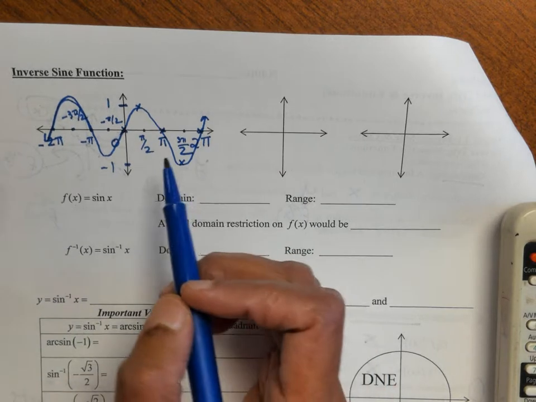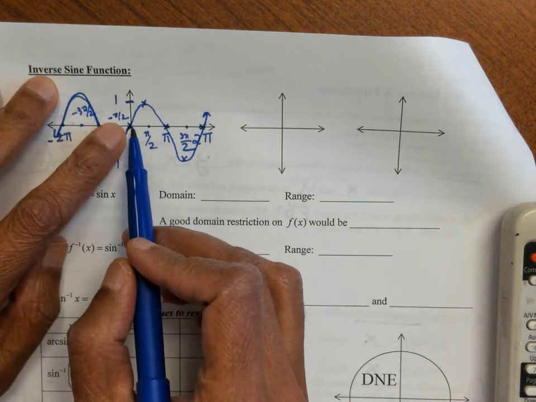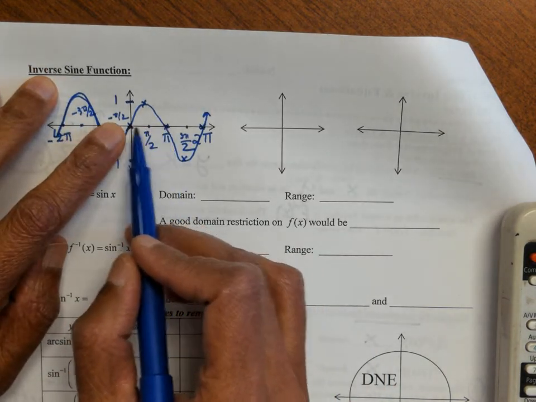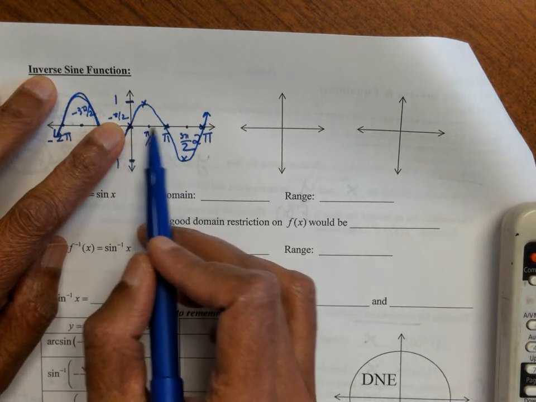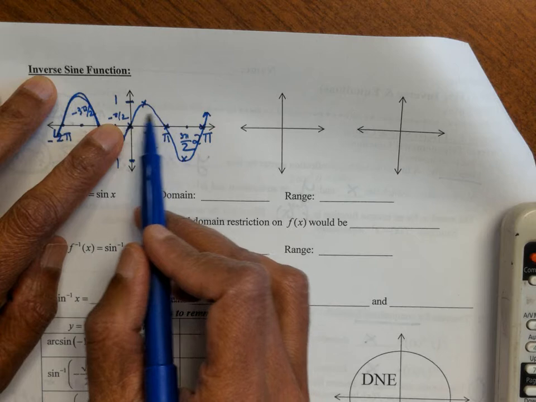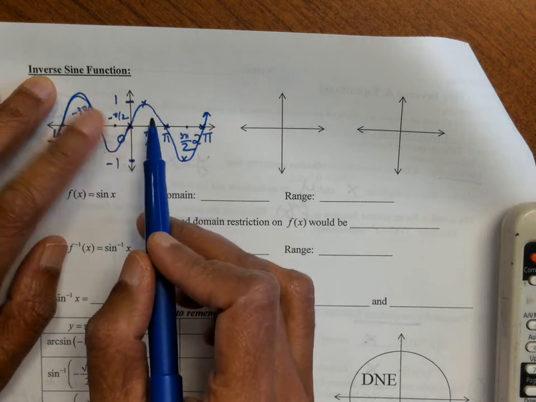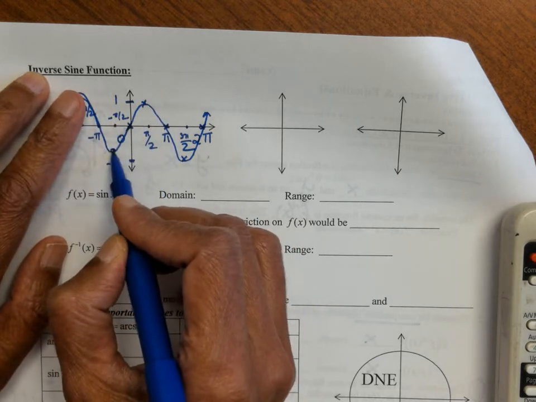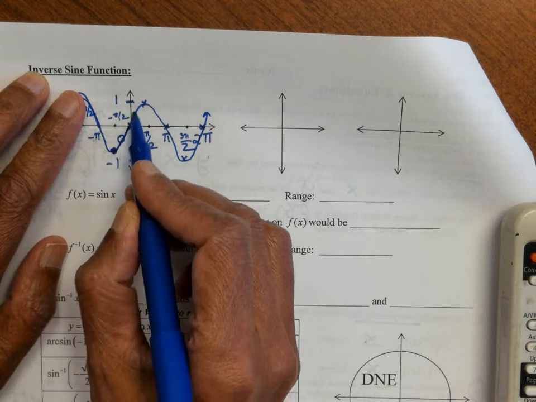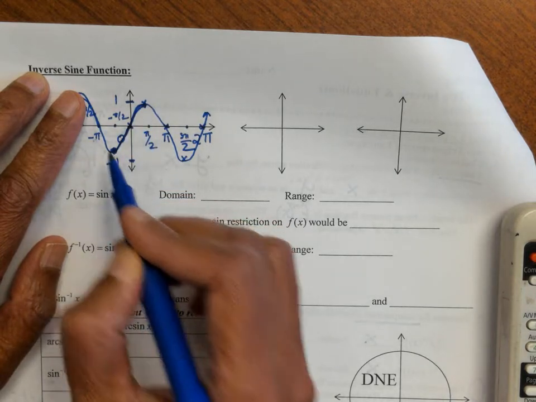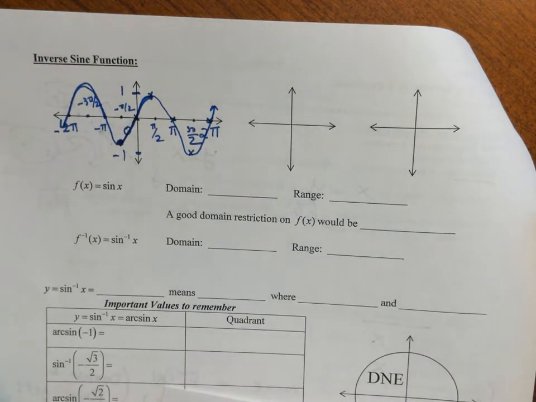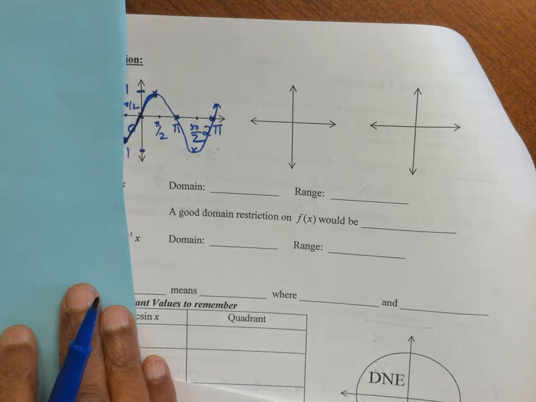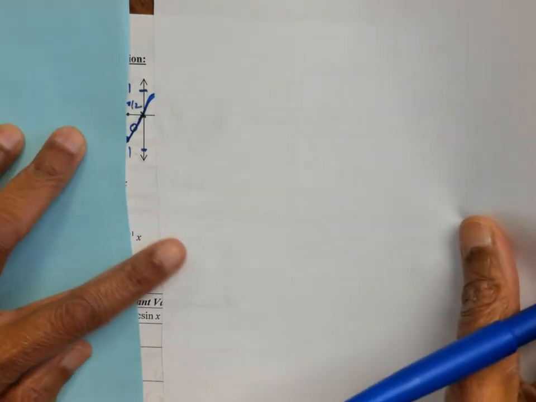Okay, so I'm going to analyze it. If I take from 0 to pi, does it cross the horizontal line? Not really. It doesn't. Okay, but I'm going to look at something else. What if I go from -pi by 2 to +pi by 2? This section. And you generally want it to go through 0, 0. So I'm going to go from -pi by 2 to +pi by 2.